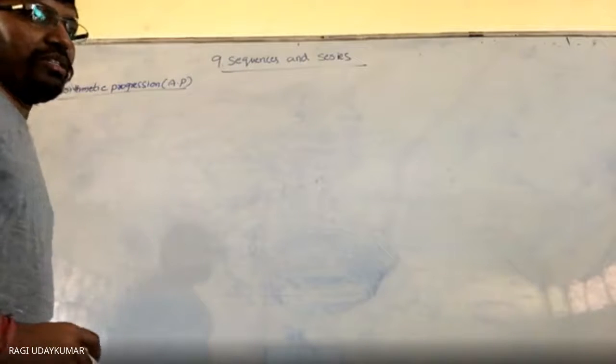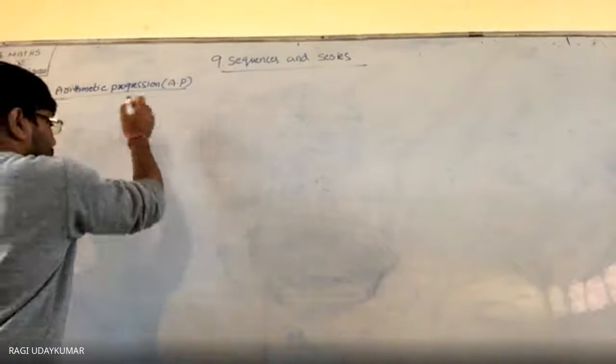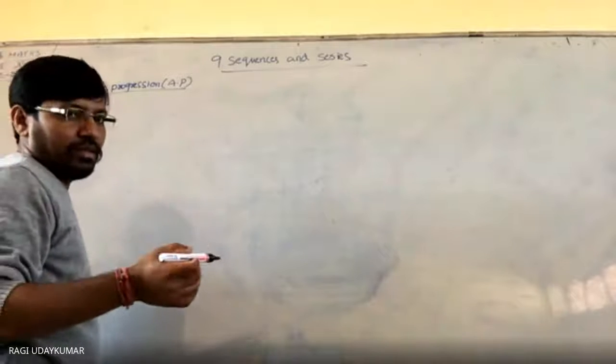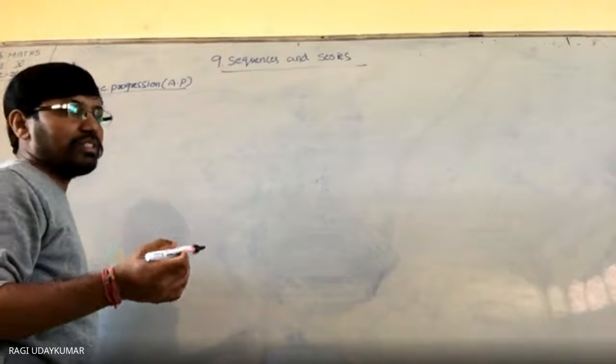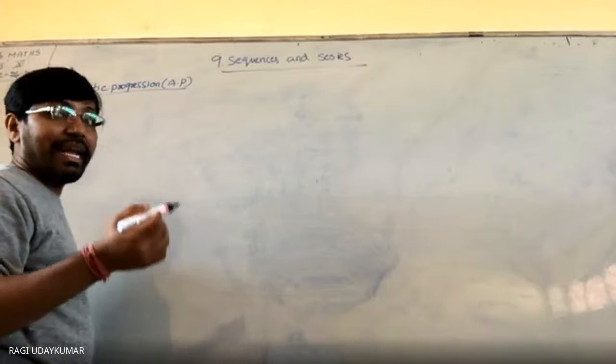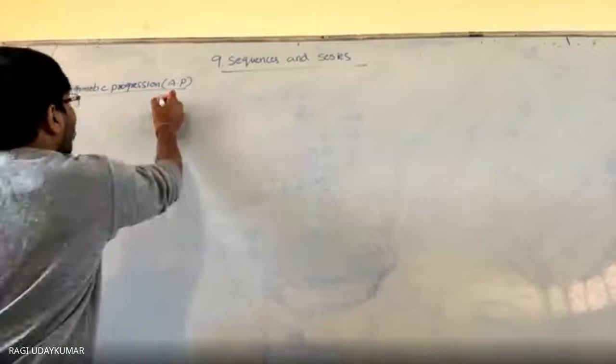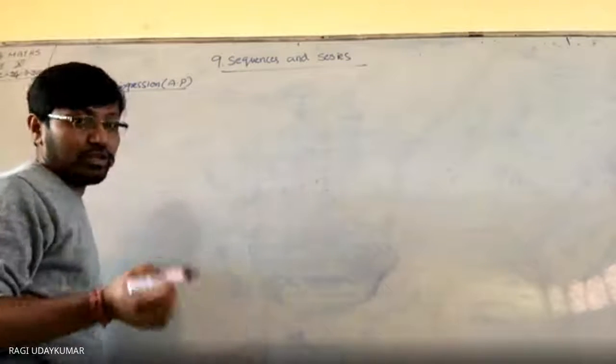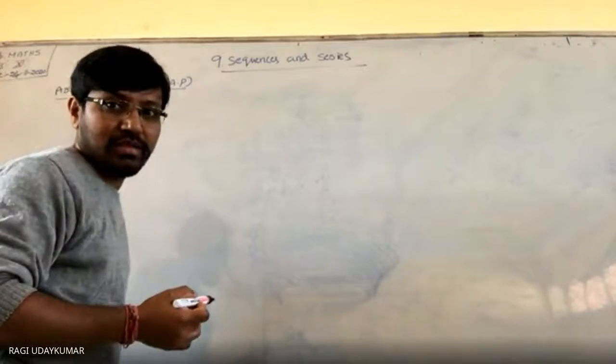So arithmetic progression: a list of the numbers in which each term is obtained by adding a constant. Otherwise, you can use the term sequence instead of the list of the numbers.